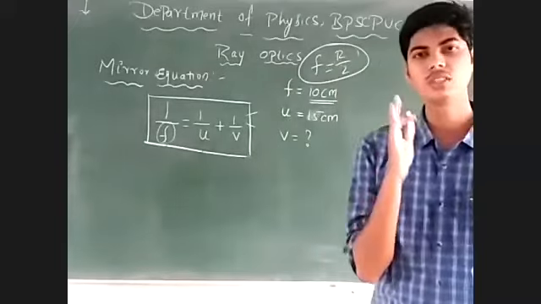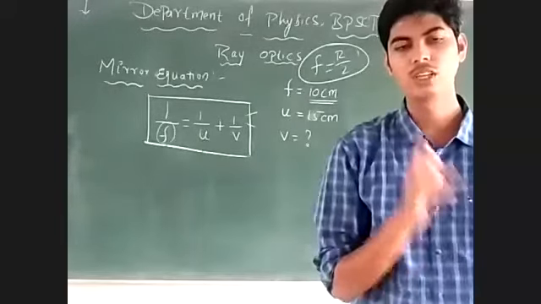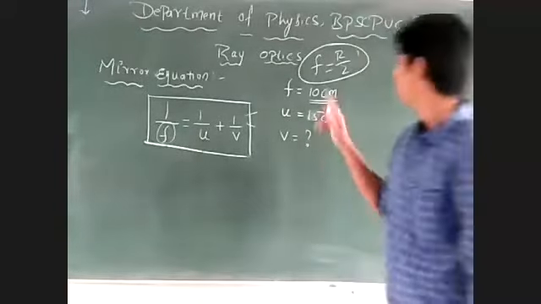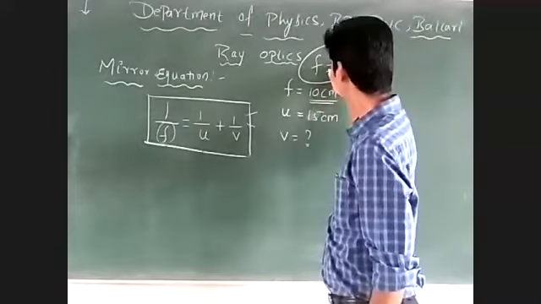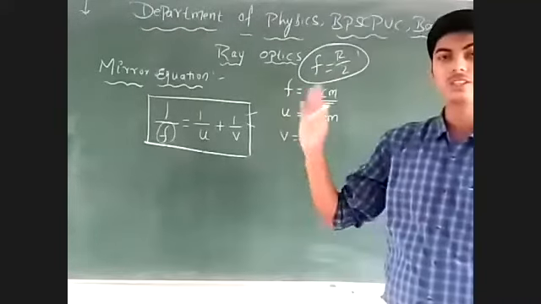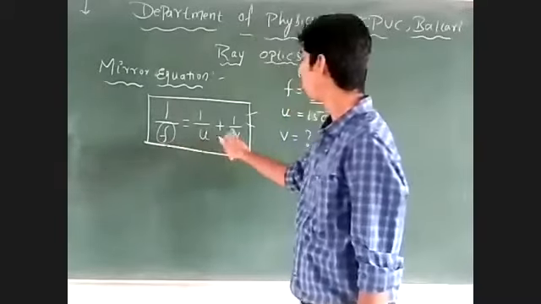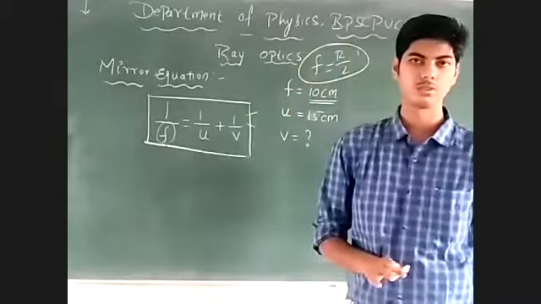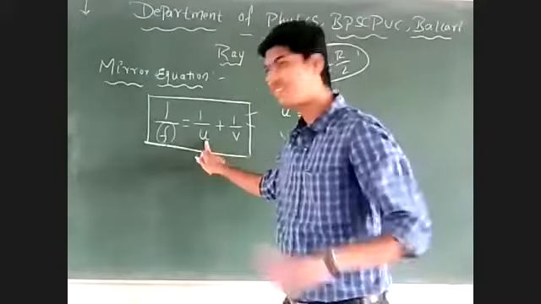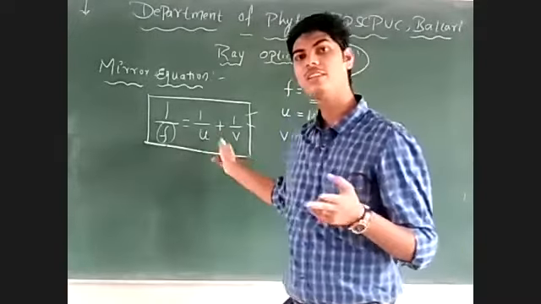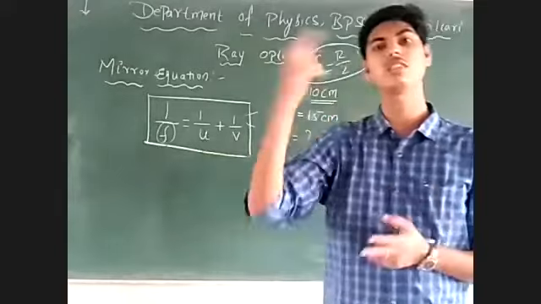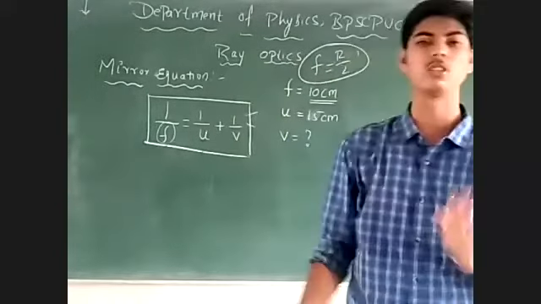For a given spherical mirror, focal length depends only upon radius of curvature and is independent of object and image distances. Right? If object distance changes, image distance also changes in such a way that focal length is kept constant.